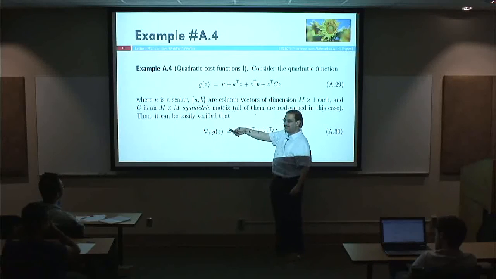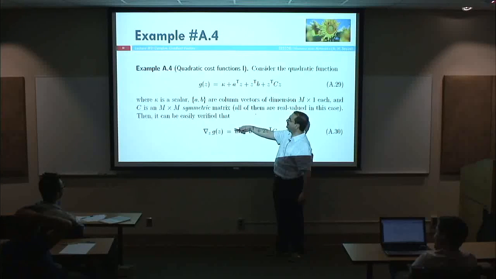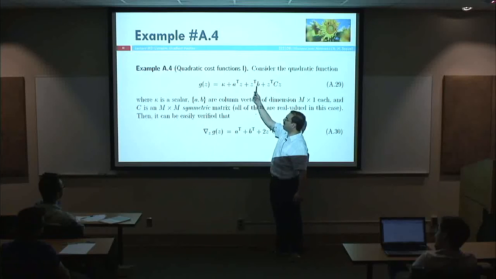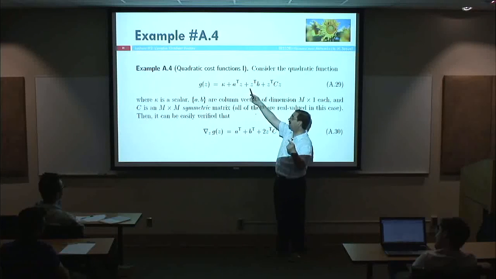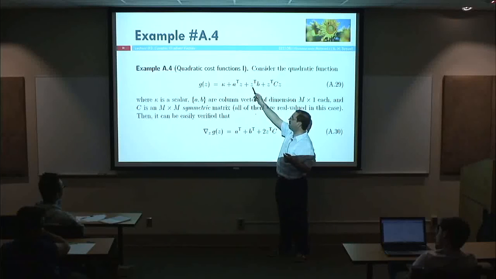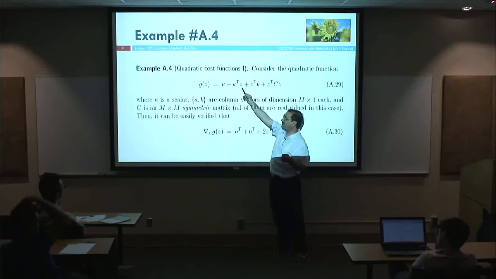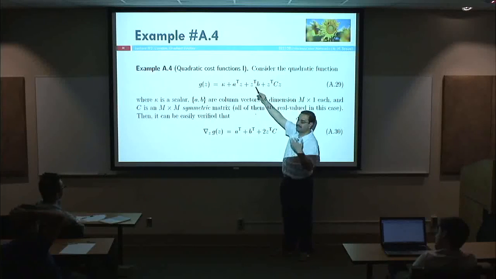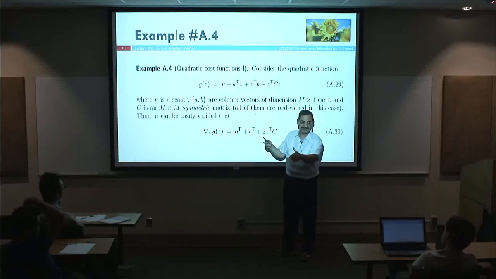Without looking at the answer, what's the gradient relative to Z? Now, in the complex case, this would have been Z star. You would have said A transpose. But now, you will get A transpose, but because everything is real, Z transpose B is equal to B transpose Z. So you will get a B transpose.